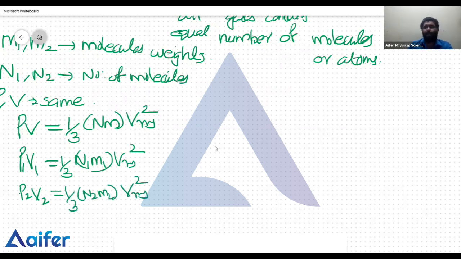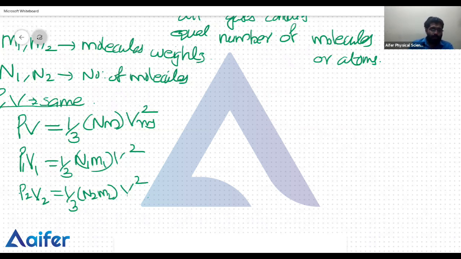I was putting Vrms square as the same, but I am not saying that the temperature is the same. I'm sorry for that. We are just fixing pressure and volume as the same. We are fixing the gas molecules in a given volume container such that their pressures are the same.